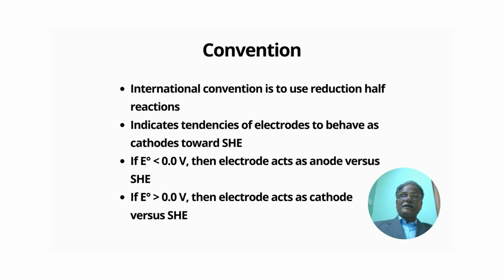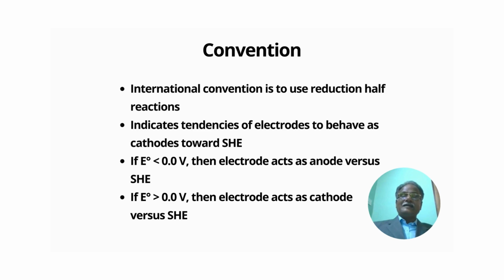So let us see by taking one example. As we know from previous learning, the standard reduction electrode potential of zinc is minus 0.76 volts. It is less than 0.0 volts. So zinc acts as anode when connected with the standard hydrogen electrode.